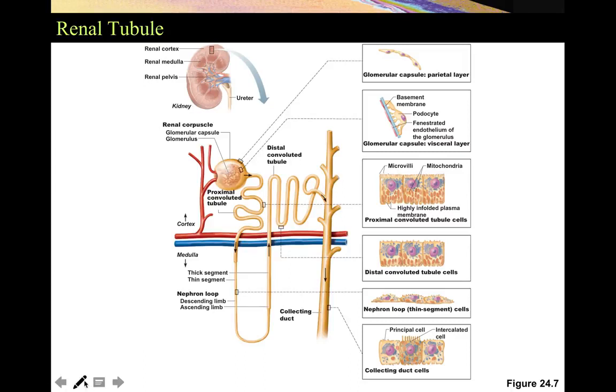So if I was labeling this, let's say this is DCT for nephron 1, this is DCT for nephron 2, this is DCT for nephron 3, etc. So you have many nephrons, up to 10, emptying into one collecting duct, and those collecting ducts again empty into a minor calyx.